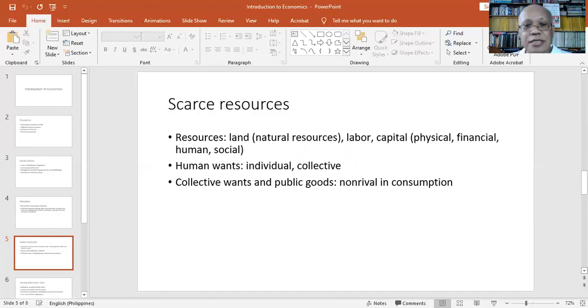All these resources are regarded as useful in the production of goods and services.